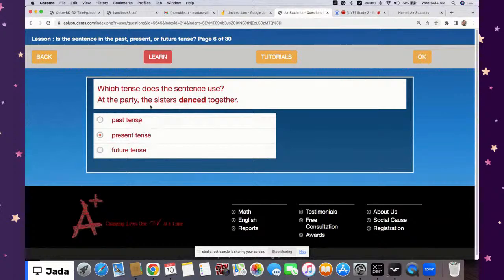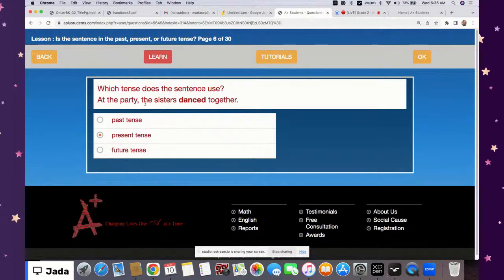It has ed. Once it has ed, I danced. Past tense.